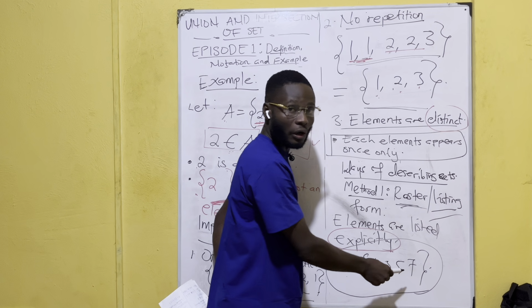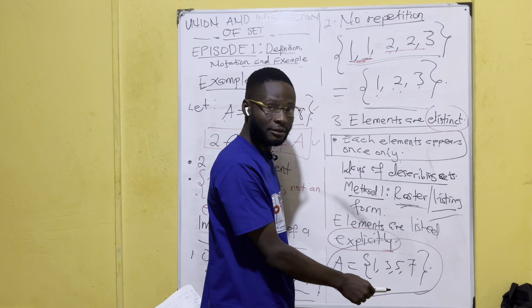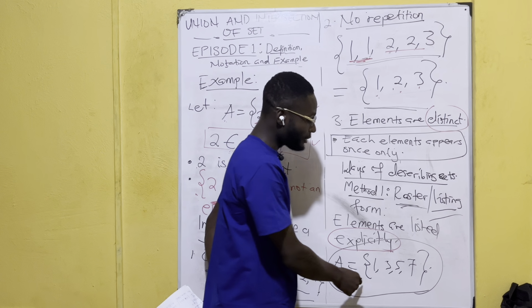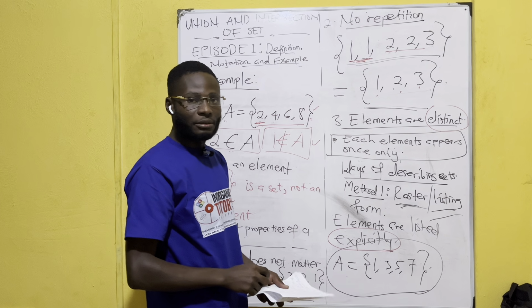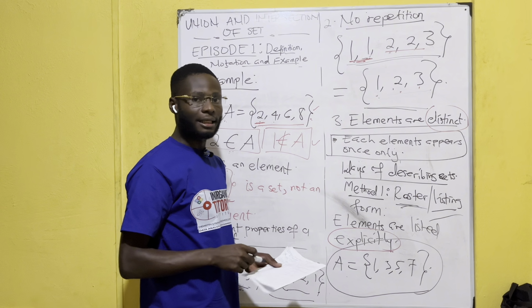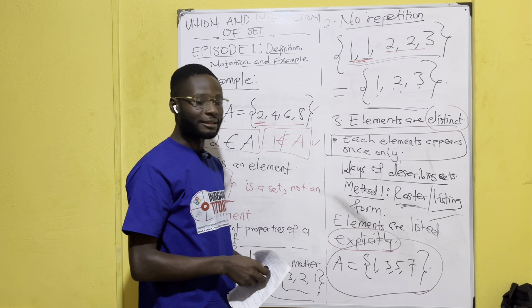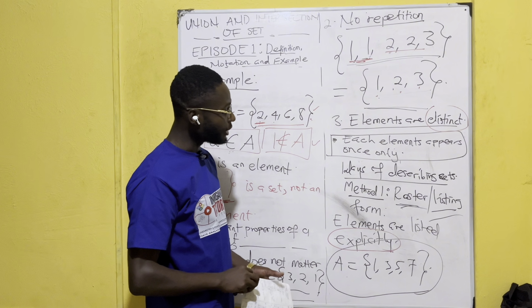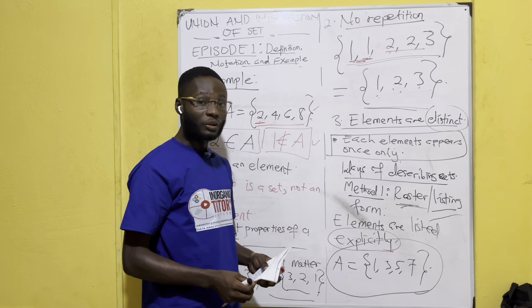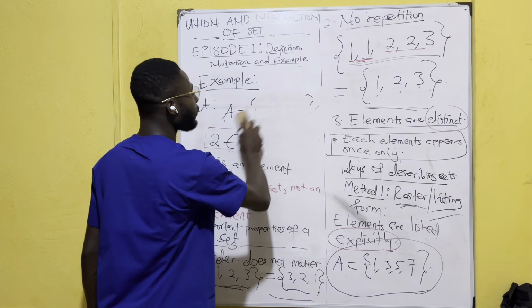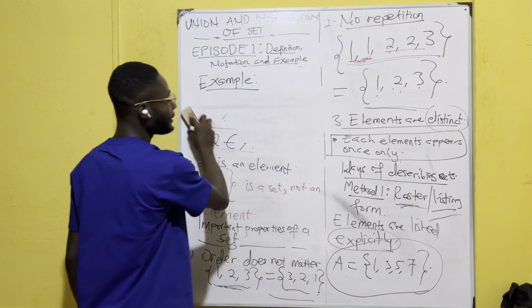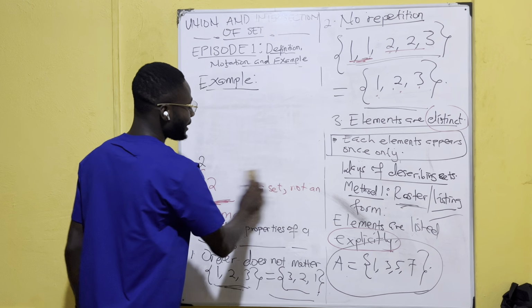These are odd numbers. We have been specific on the set, and that is what we call the listing or the roster form.